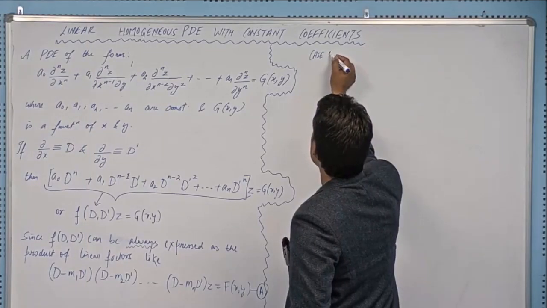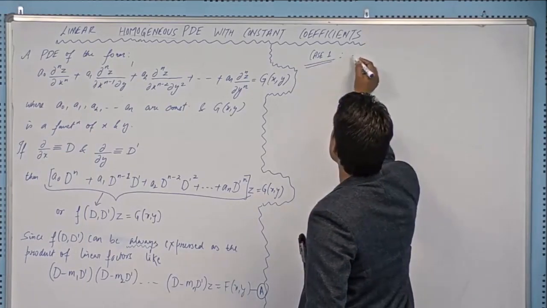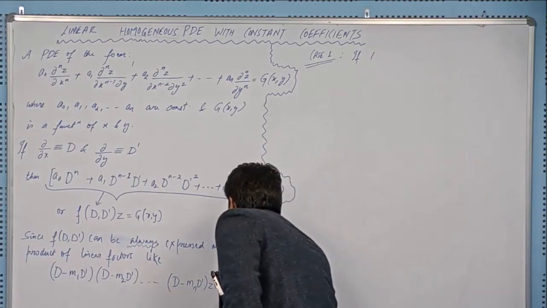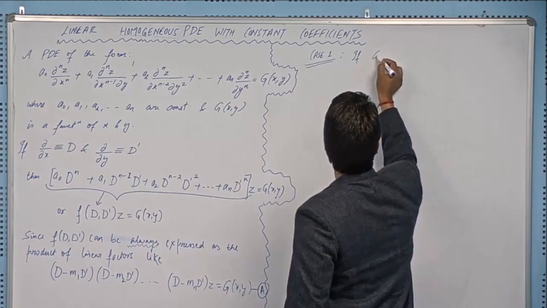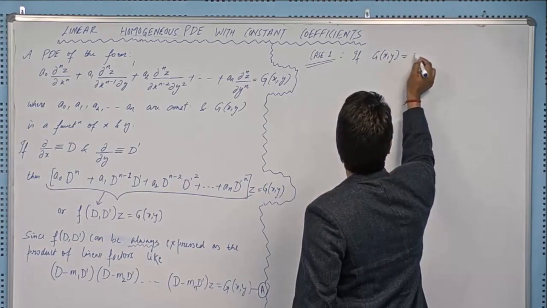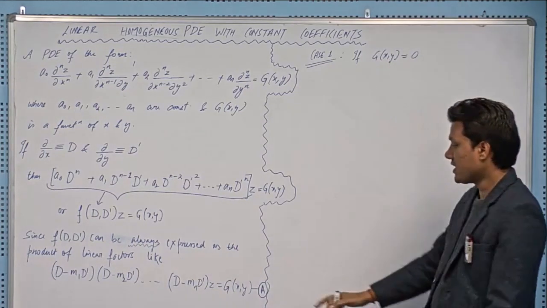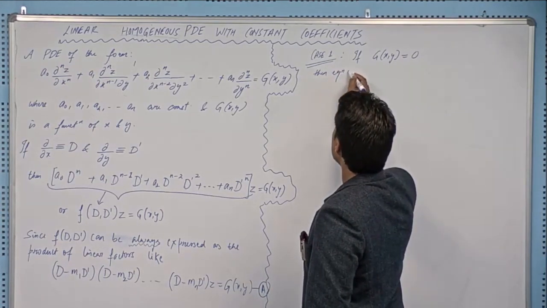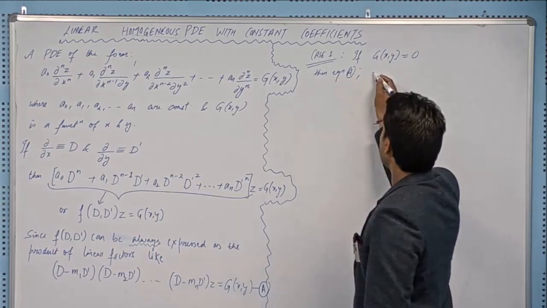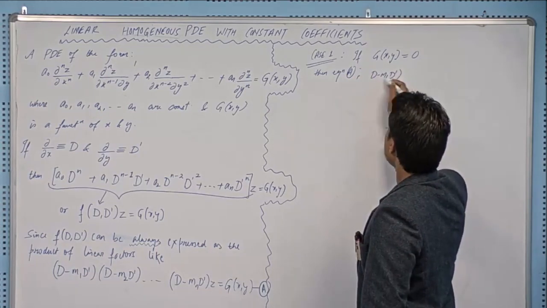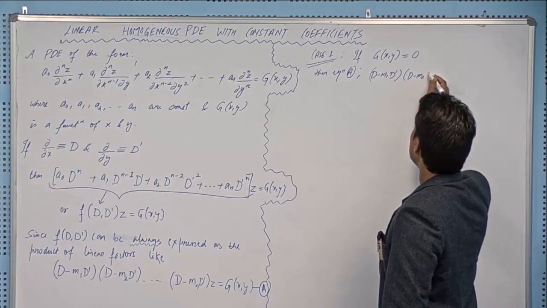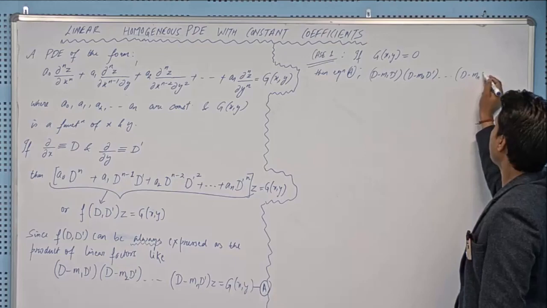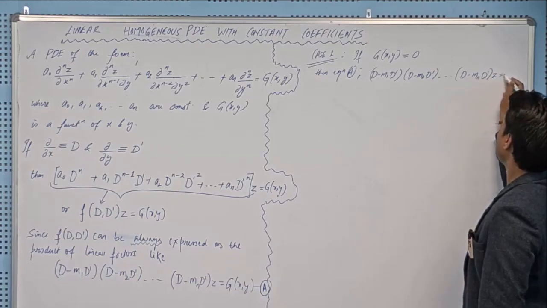Case 1: if this is not f, sorry, this is capital G, if capital G x comma y is equal to 0, then equation number A becomes D minus m1 D dash and D minus m2 D dash up to D minus mn D dash z is equal to 0.